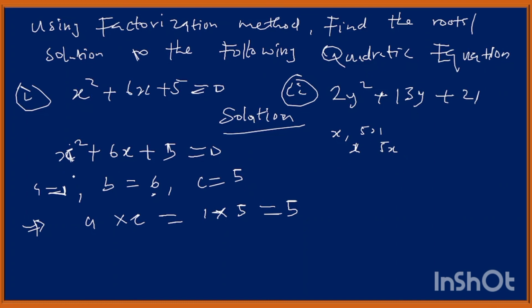Just like the first question we solved, where we factorized this, you see what we did. So that will give me x squared plus 5x plus x plus 5 is equal to 0.